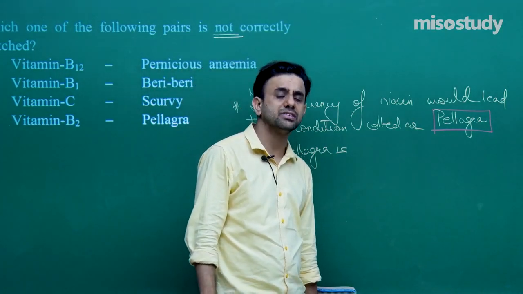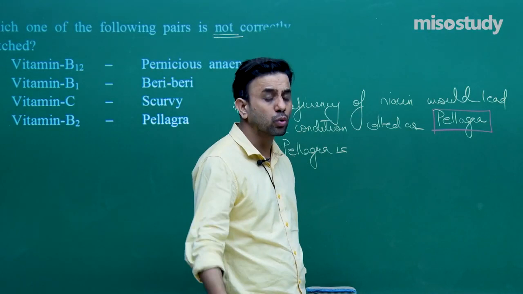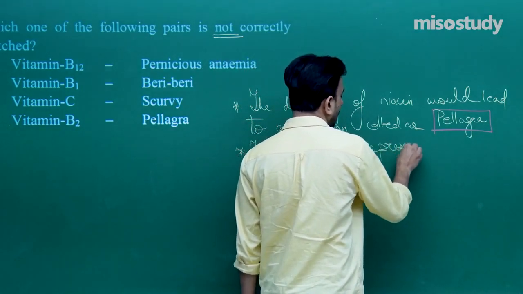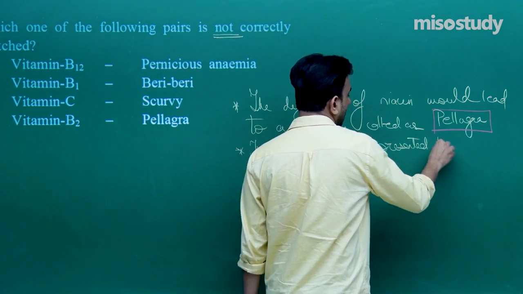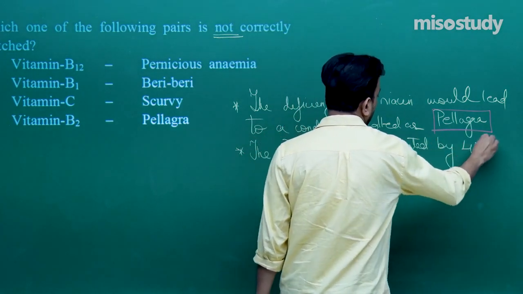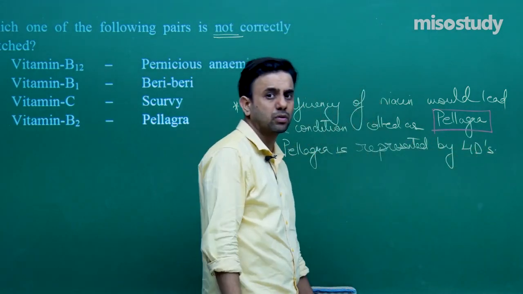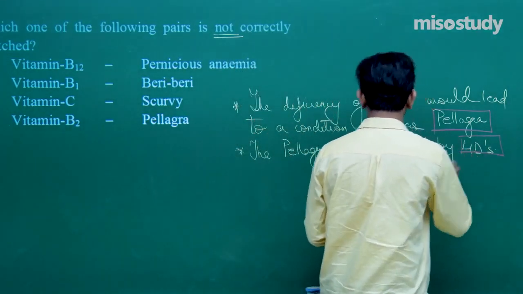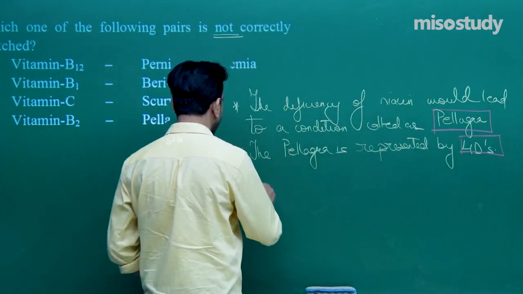The pellagra disease is represented by 4 Ds, okay.